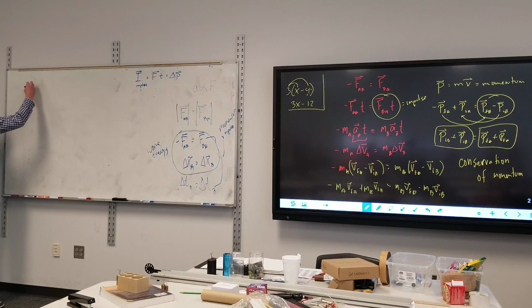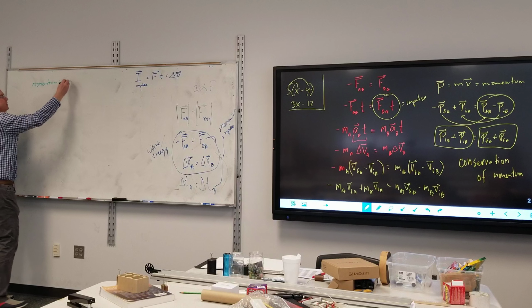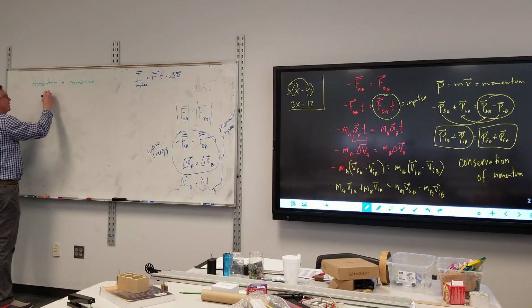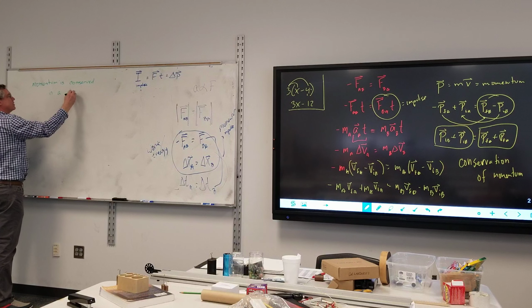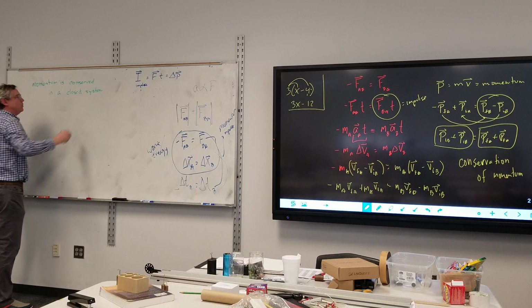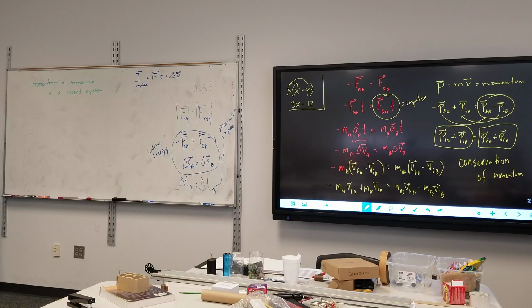And so we have this idea that momentum is conserved in a closed system. And a closed system means that you are analyzing all the objects involved. So if we analyze the Earth and the marker, momentum is conserved.